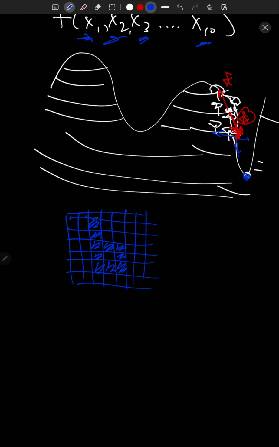Well, I've got 1, 2, 3, 4, 5, 6, 7, by 7, so 49 different slots where I could have a pixel light up. So already I'm going to have a huge number of variables that this problem involves.